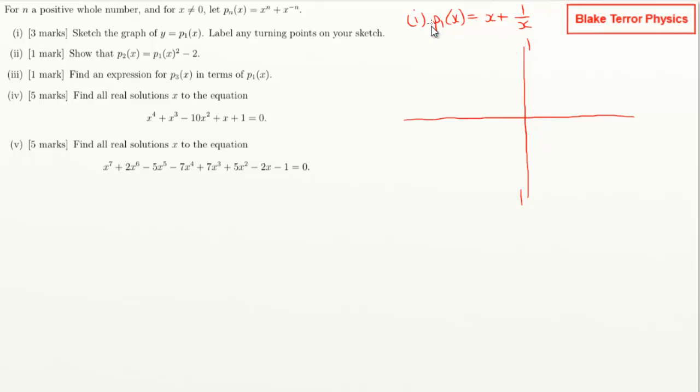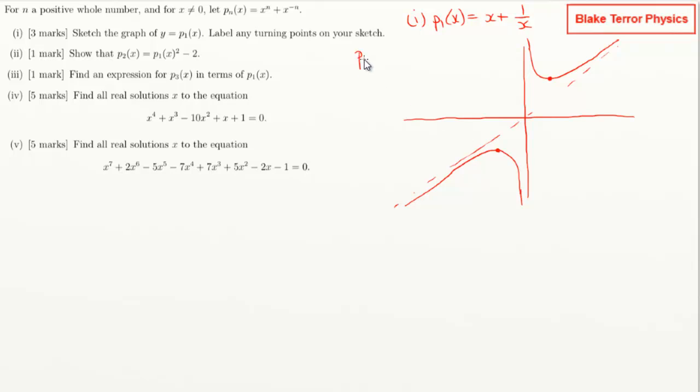So eventually we're going to end up with y equals x, so we're going to have a tendency to go off to y equals x. We're going to have something that looks like this as our graph, because that's our diagonal asymptote. So we want our 2 turning points: a turning point there and a turning point there.